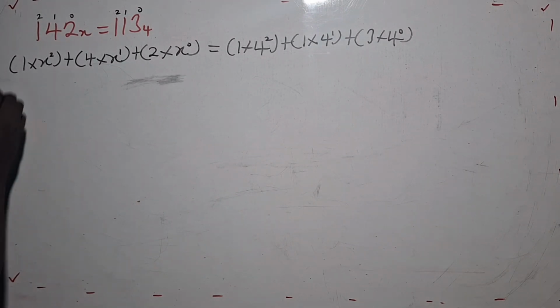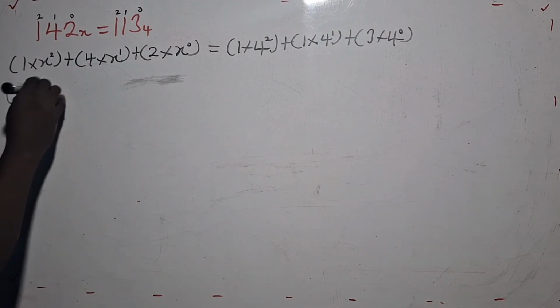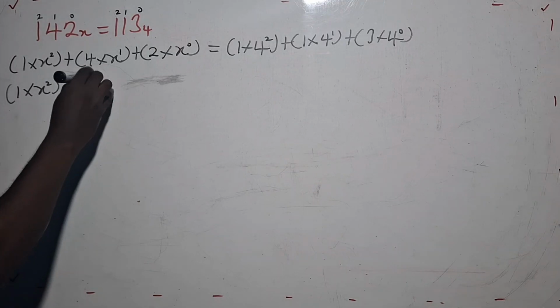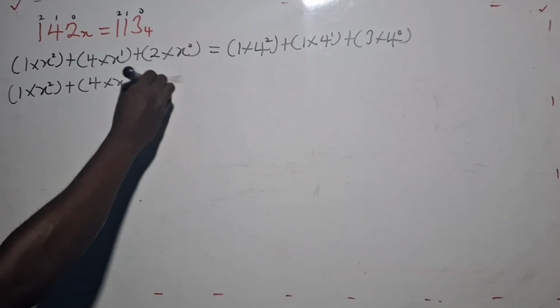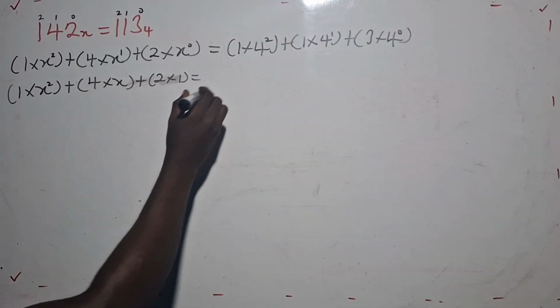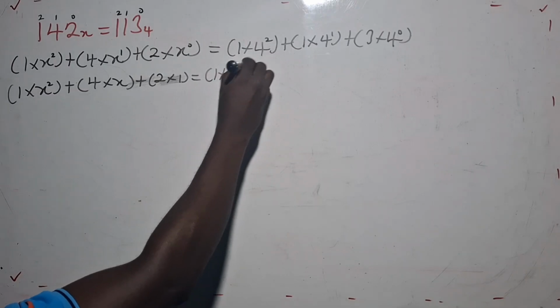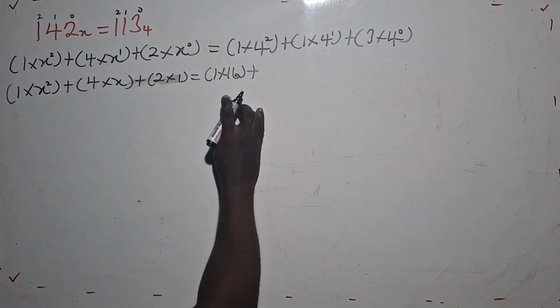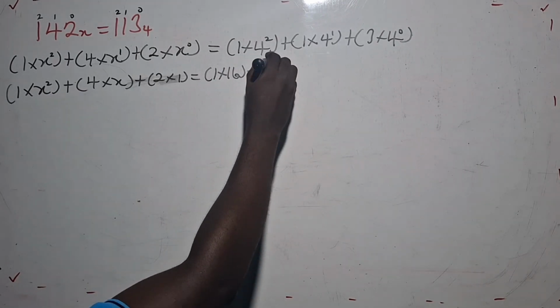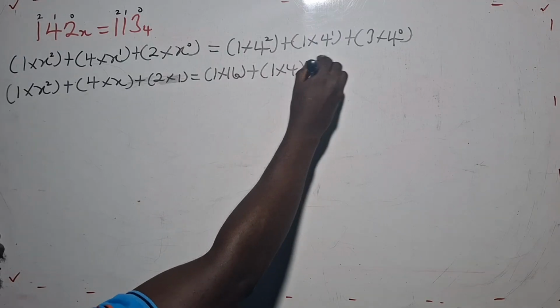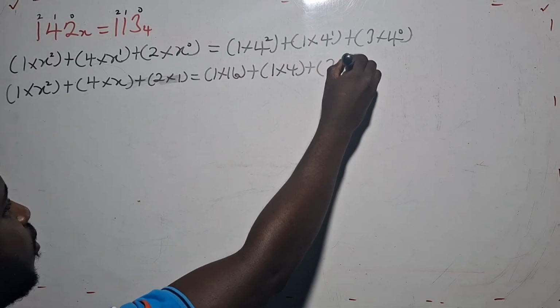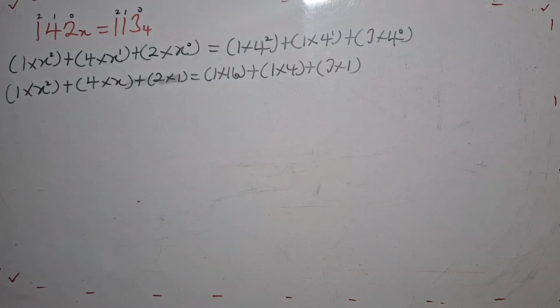So follow closely here. This will give me 1 times the same x squared plus 4 times x, then plus 2 times 1, is equal to 1 times 16 plus 1 times 4 plus 3 times 1.